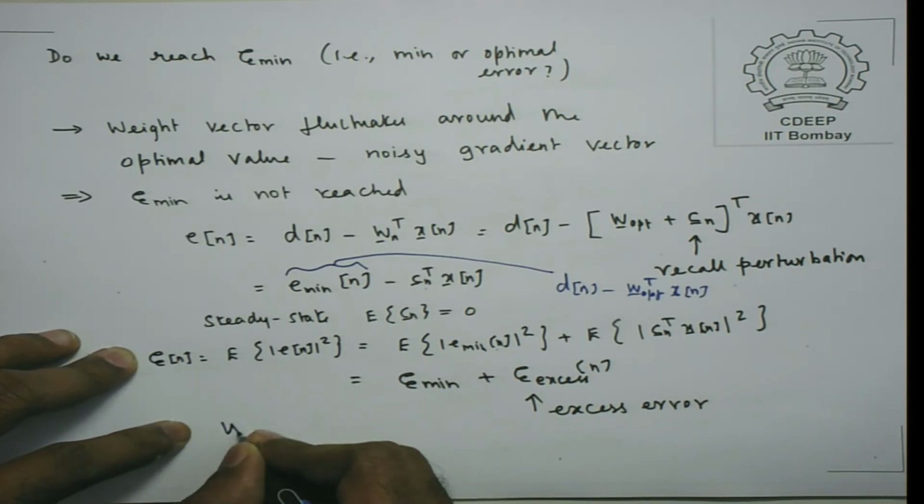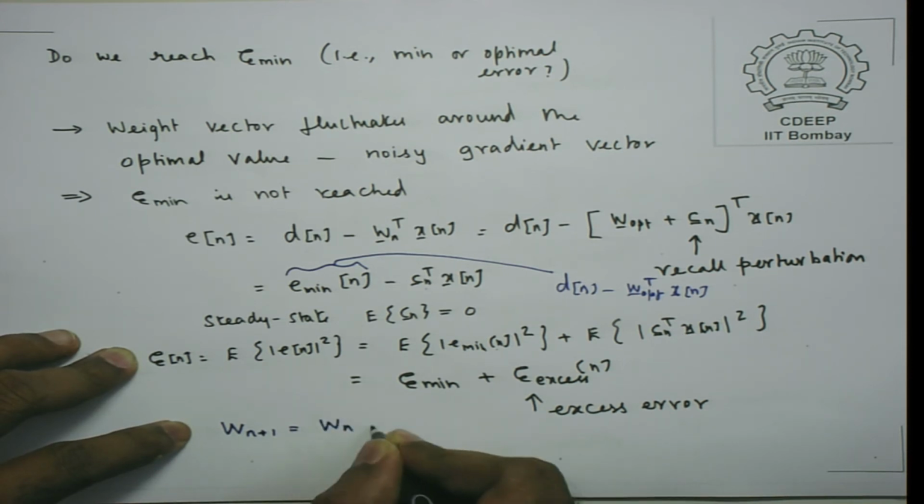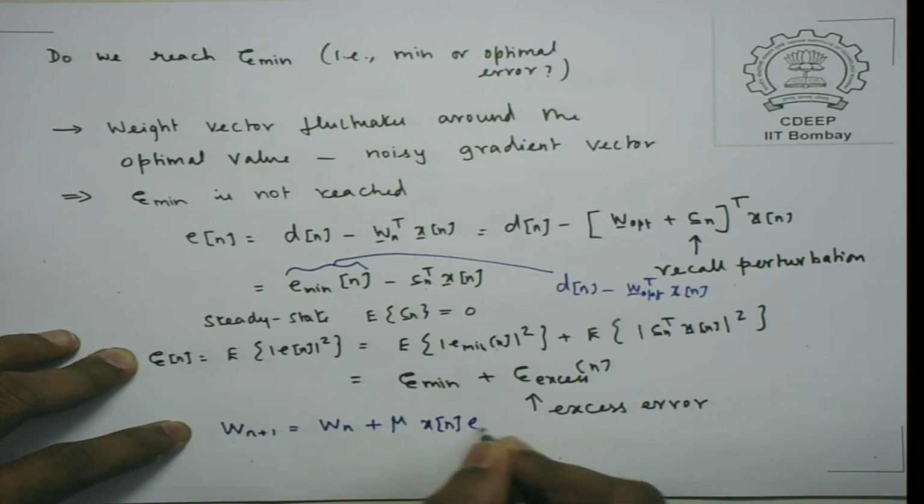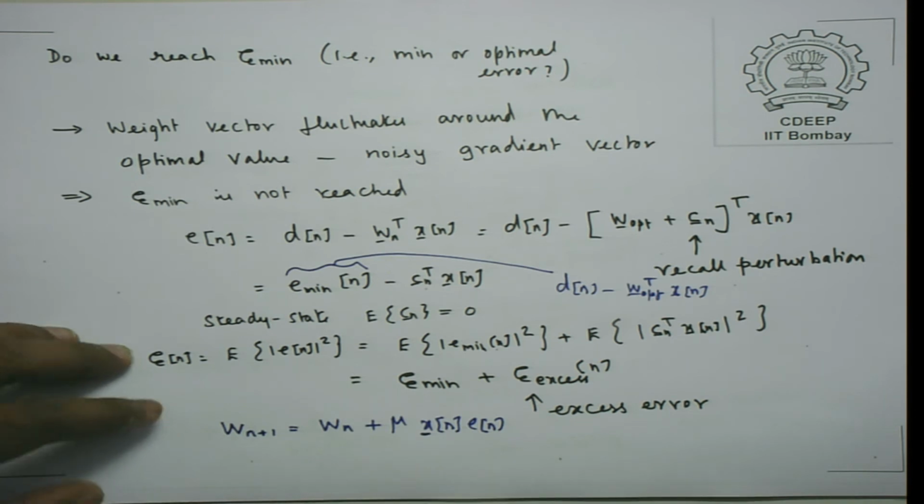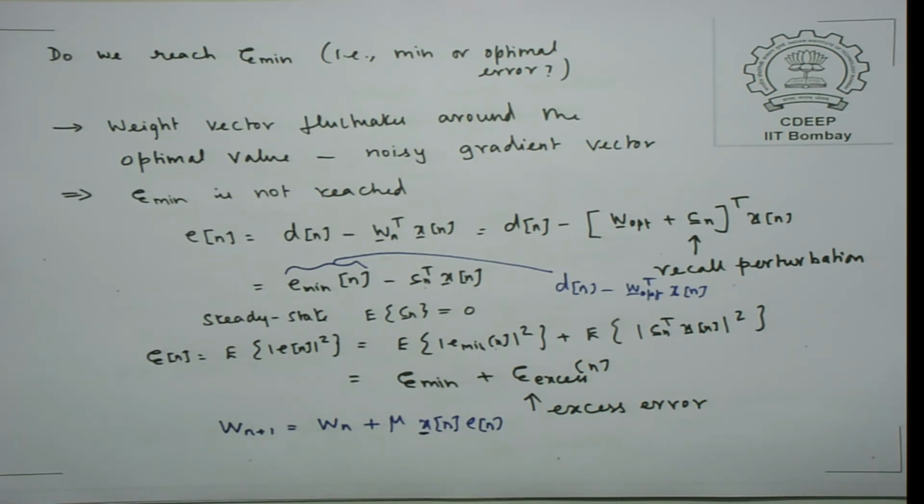So, we had W n plus 1 is the weight W n plus mu x of n e of n, right. So, e of n here is a scalar, x of n is the input signal, right. In a real world scenario, x of n is just a signal which is coming in as input to us.